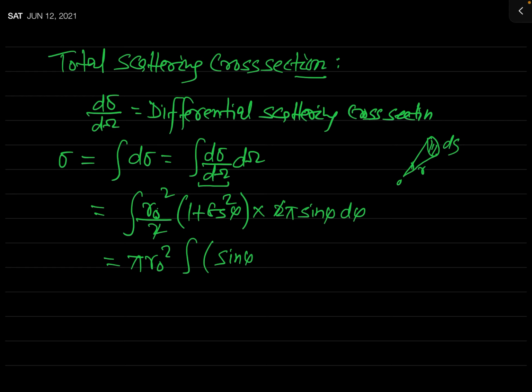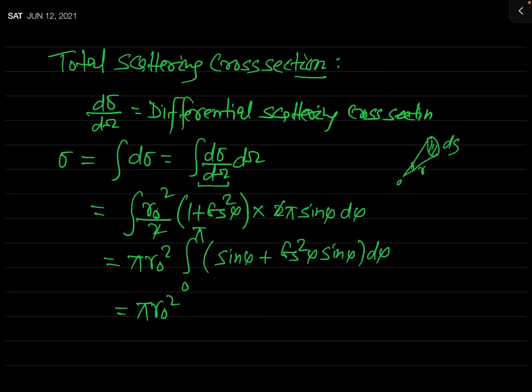(1 + cos² φ) sin φ dφ. Now we will put the limit here, 0 to π, and this is just a simple integration, you can do it.